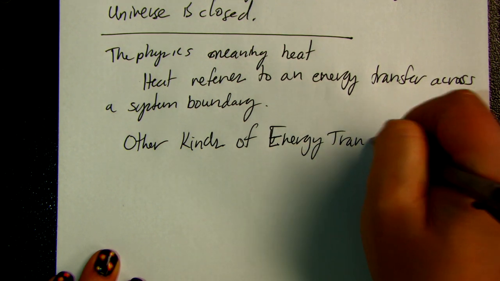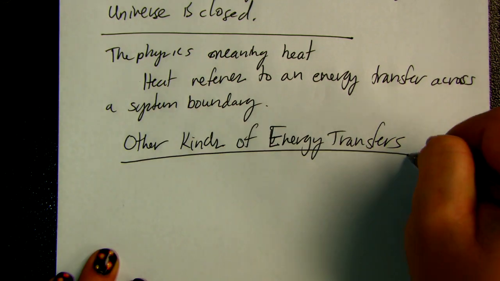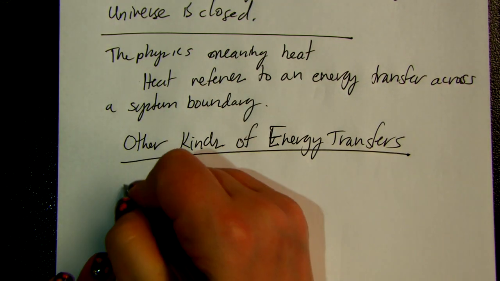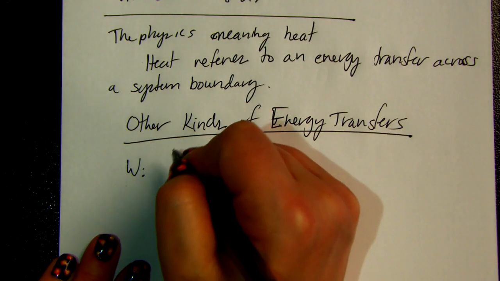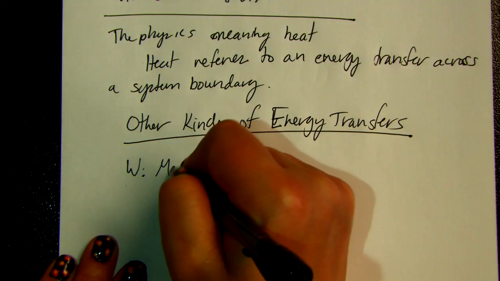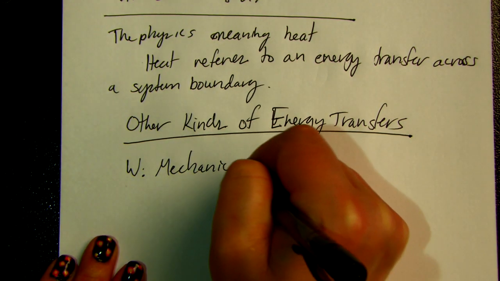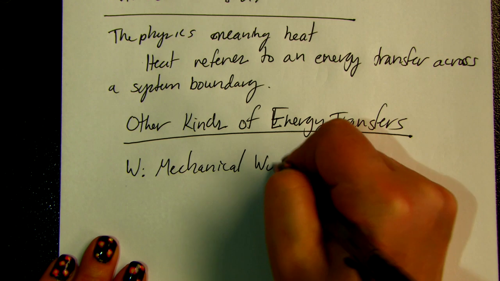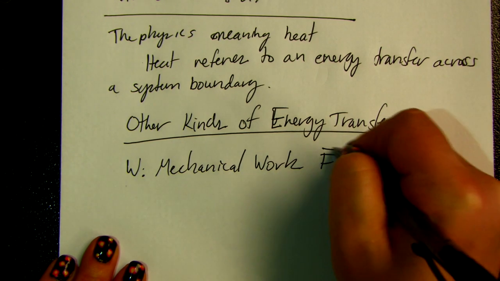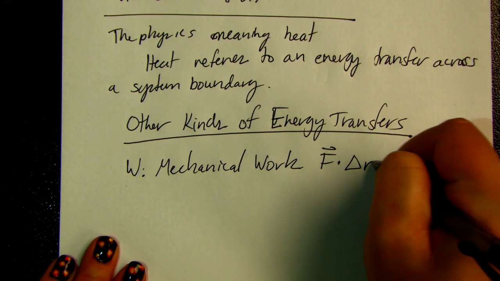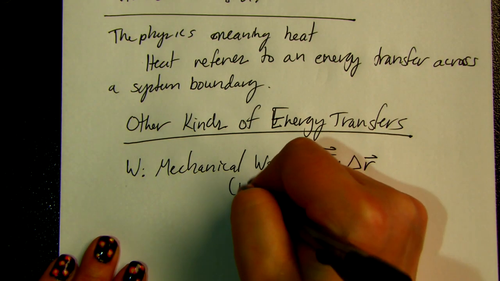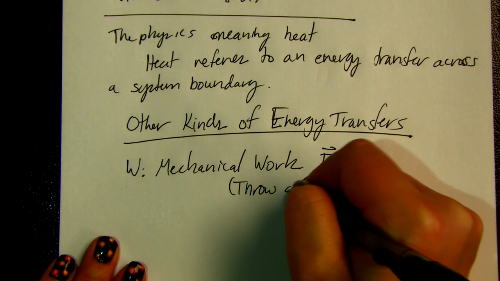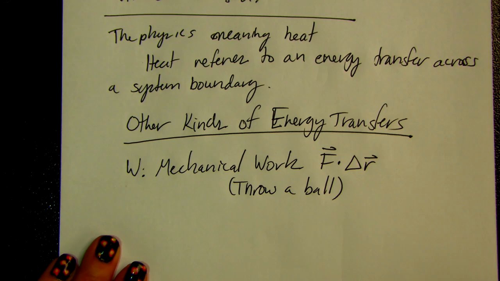And again, this is just fleshing out our whole idea of the energy principle. So we know about work, which is an energy transfer. So mechanical work, which is F dot dr. So for example, throw a ball, do work on the ball, changing the kinetic energy.